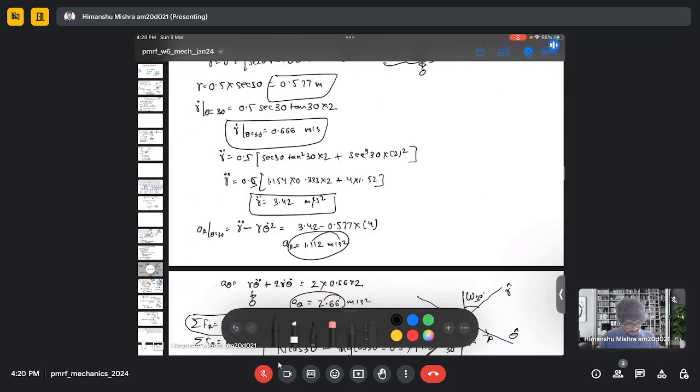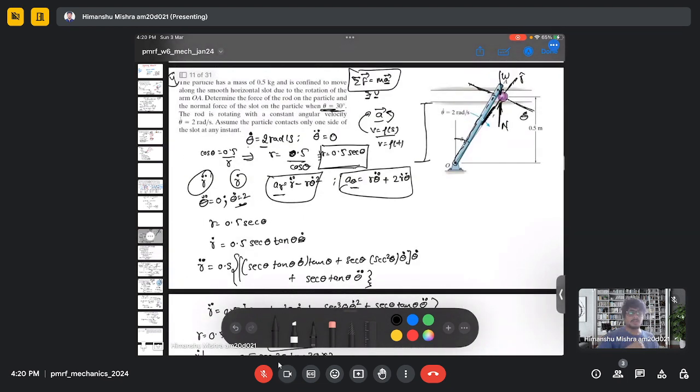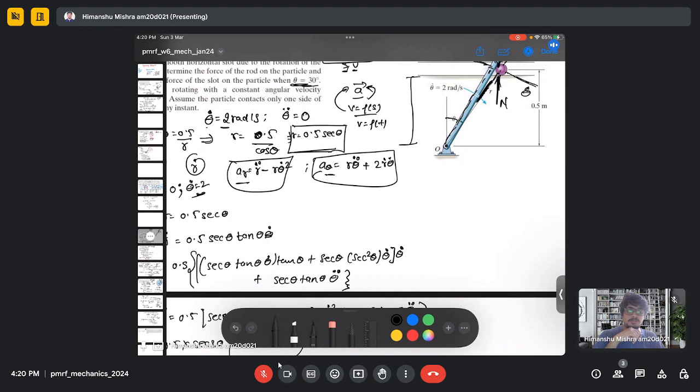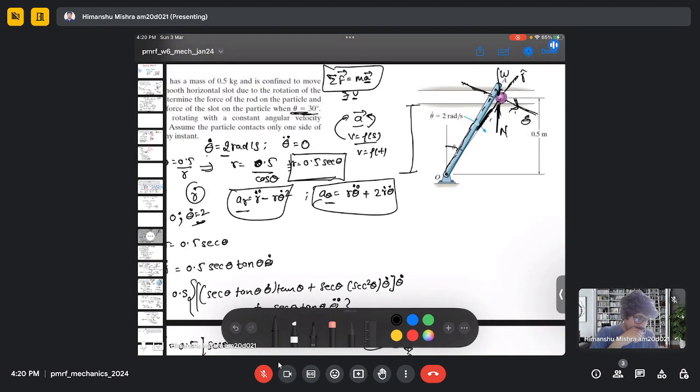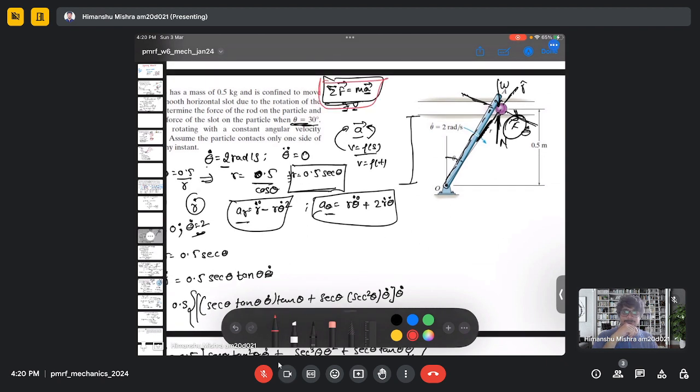So just to recap, the procedure is similar to what we have seen so far. We need to find some external force which is acting in the theta direction here. And in order to find the force, we need to use Newton's equation, F equals ma.